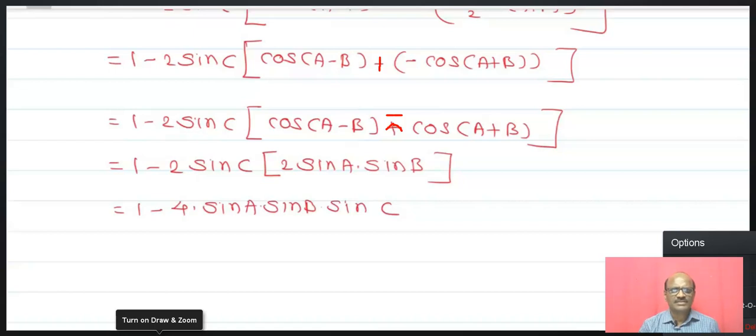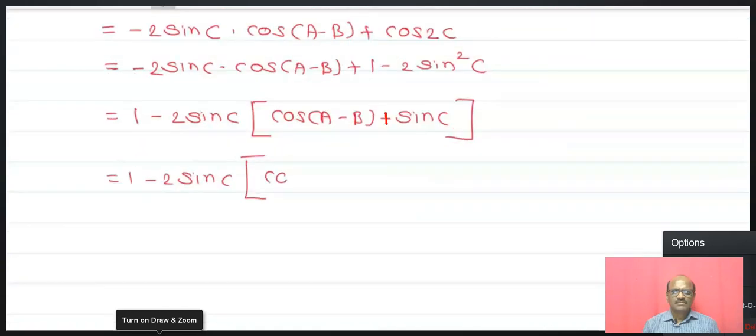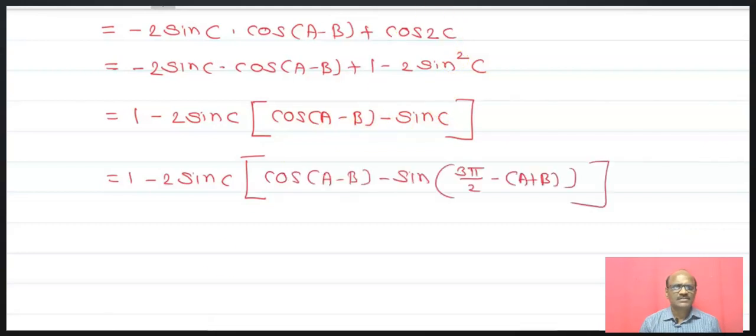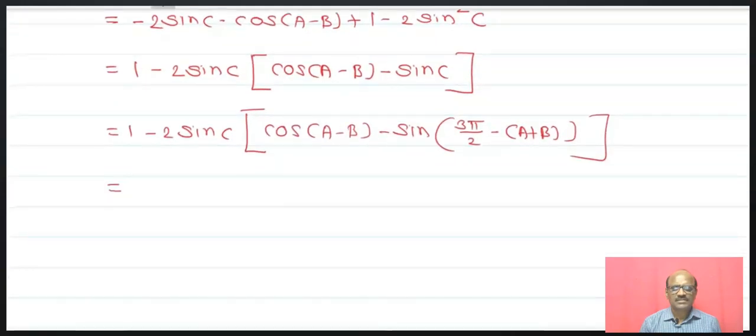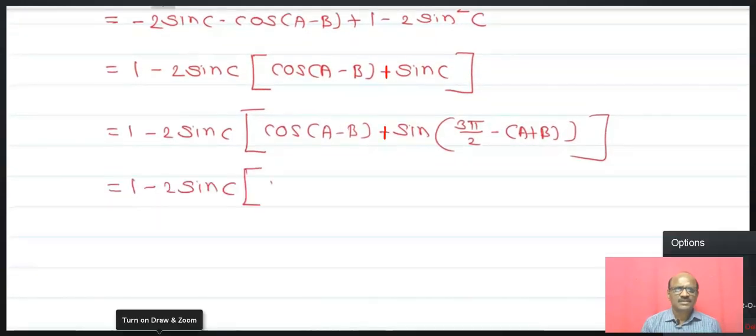Now next. Here also I am changing the sign, that is cos of (a minus b) plus sin c. Now see this next. I had not taken it, here is the plus sign.